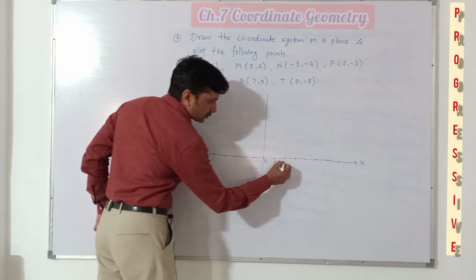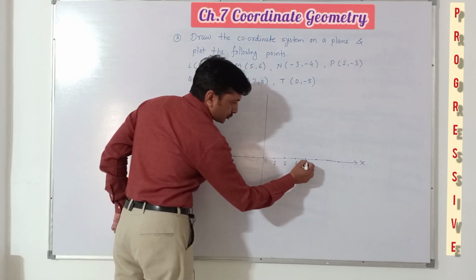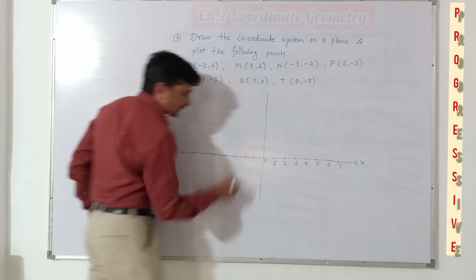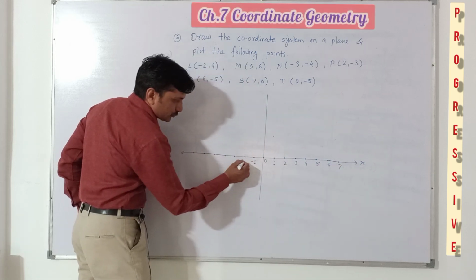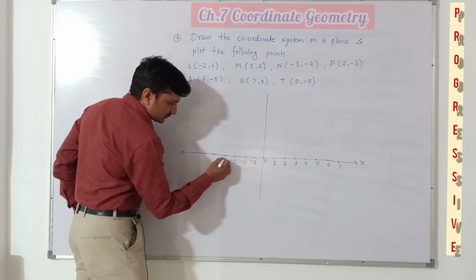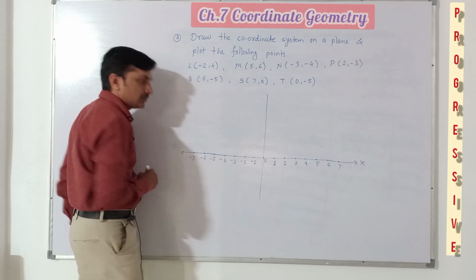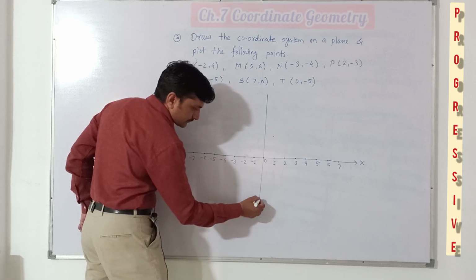Okay, here on x axis positive integers I write on right side, on left side opposite means negative integers. On graph paper we have to draw this.